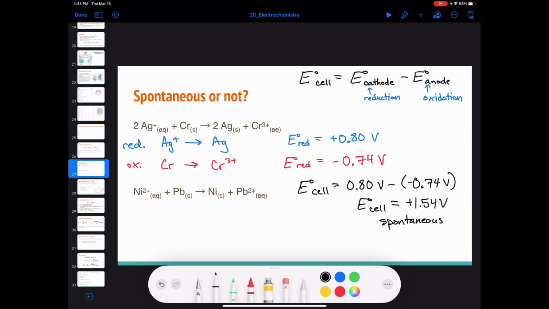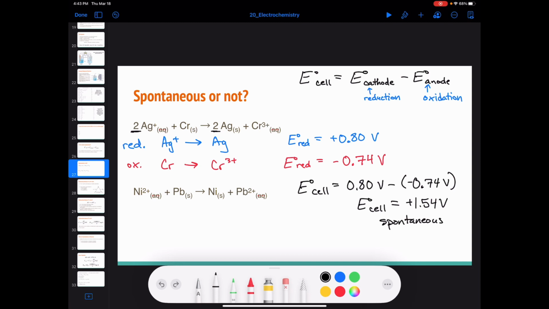Okay, so what are a couple of things that are important to note? Okay, the first thing that's important to note is that in our case here, notice that it was actually 2 silver ions turning into 2 silver metal. Okay, what we do not do is we never ever double or triple this thing. So don't multiply that by 2. Don't ever do that. Okay, these reduction potentials are intensive properties, so it doesn't matter how much of it you have, right?